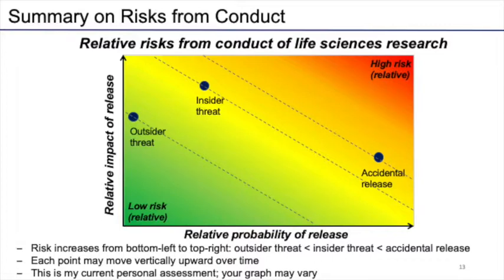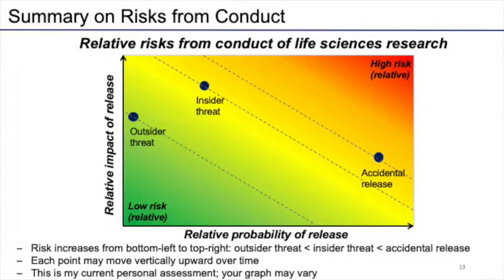Obviously these graphs have no axes, there's no scale or anything like that, so it's very subjective, and you could put these dots in many different configurations that still maintain those two inequalities that I mentioned. But I think this is just my subjective placements of these threats currently, and as you go from the bottom left to the top right, you get increasing total risk, taking into account probability and impact.